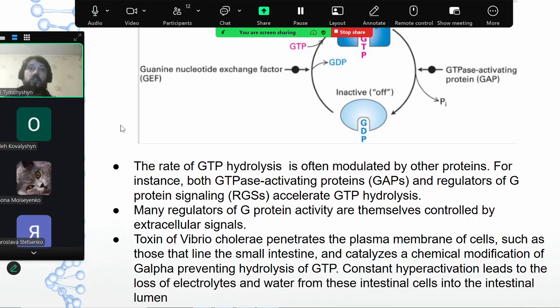The rate of GTP hydrolysis is often modulated by other proteins. For instance, both GTPase activating proteins, GAPs, and regulators of G protein signaling, RGS, accelerate GTP hydrolysis. Many regulators of G protein activity are themselves controlled by extracellular signals.